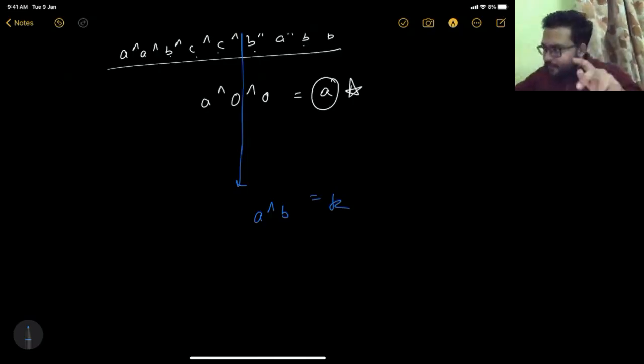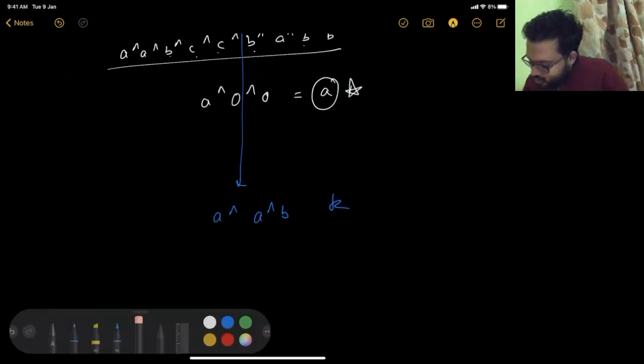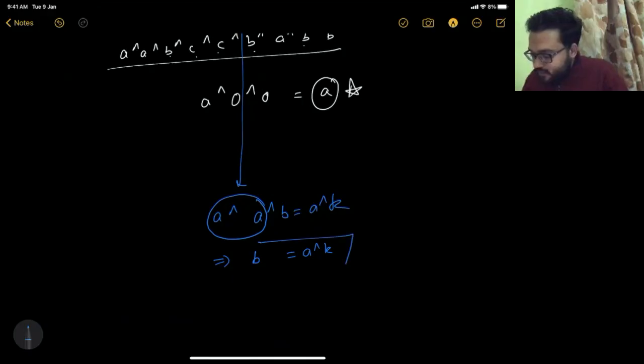So if I can just apply A XOR on both the sides, my equality should still hold, right? And now when I look at A XOR A, this means a 0 contribution, which only leaves B on the left hand side, which essentially means B is nothing but A XOR K. Guys, is everybody with me?